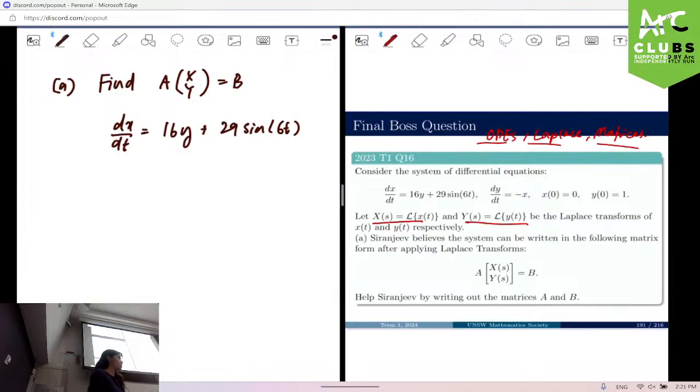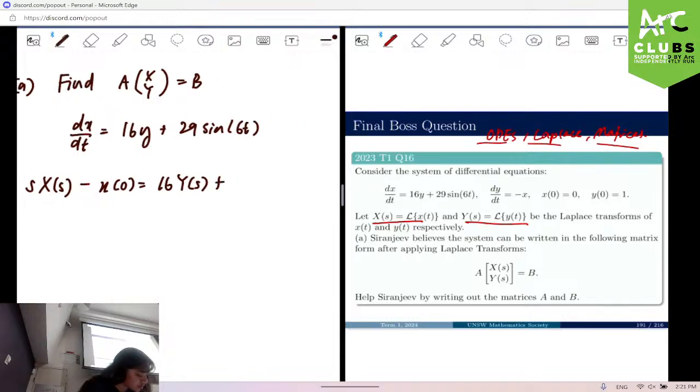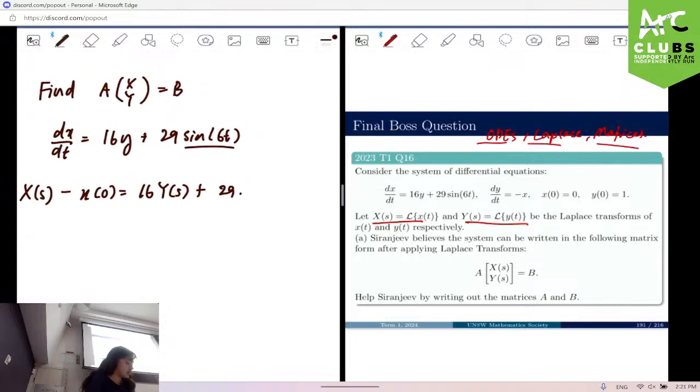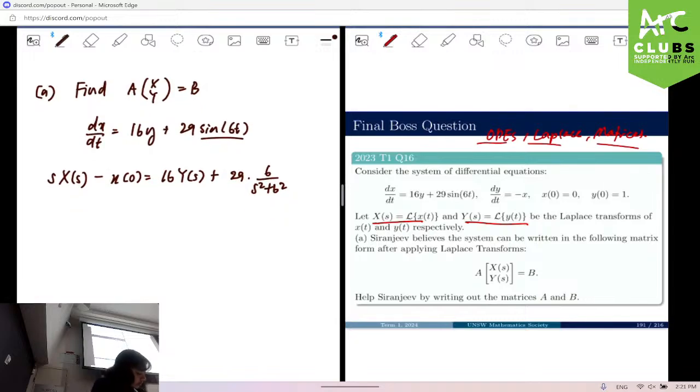We know that this is the first differential equation, so we're going to use sX(s) minus x(0) equals 16Y(s) plus 29 times the Laplace transform of sin 6t, which is going to be 6 over s squared plus 6 squared. We know that x(0) is 0, so we can very nicely cancel this out.